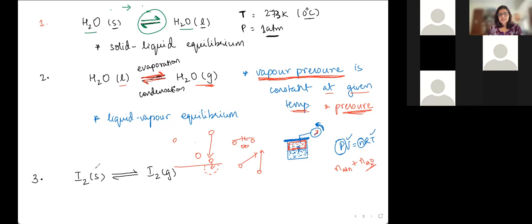So solid to gas is sublimation, and its opposite is deposition. Even when sublimation takes place, the vapor being established also depends on vapor pressure. That would be the constant.